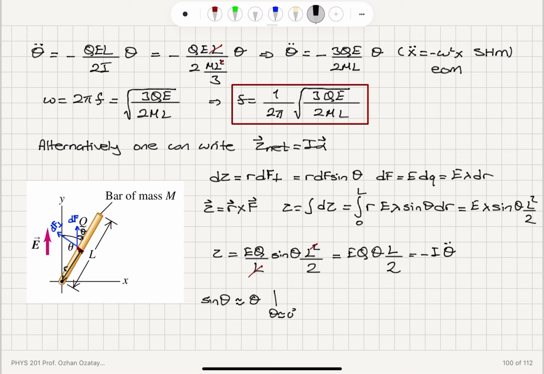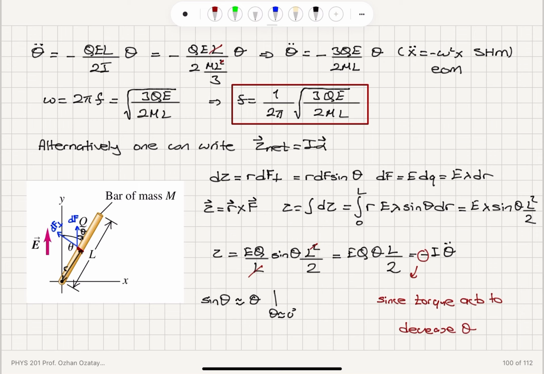The minus sign is due to the fact that the torque acts to decrease the angle theta, not increase it, therefore it has a minus sign.